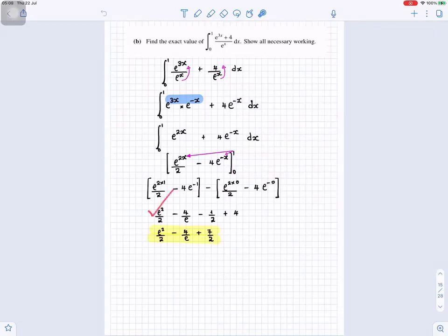So this will give you e squared over 2 minus 4 over e, minus a half. Minus and minus would make a plus. So that will become plus 4. So we'll put e squared over 2 minus 4 over e, and minus a half plus 4 is 7 over 2.